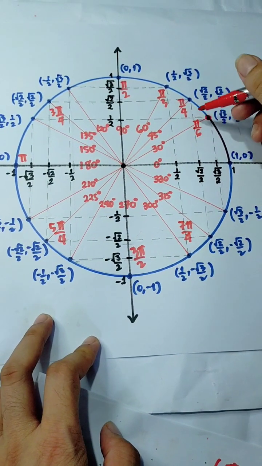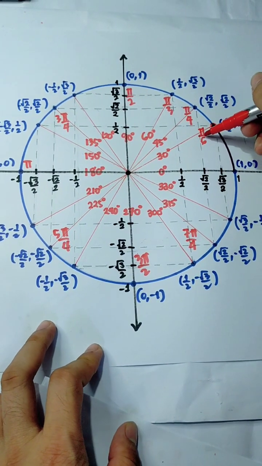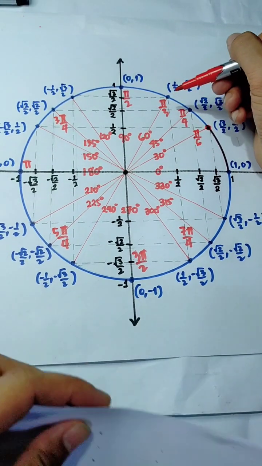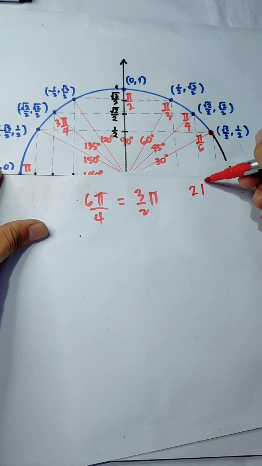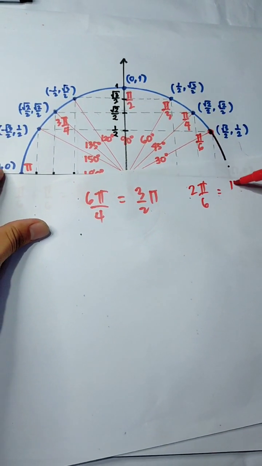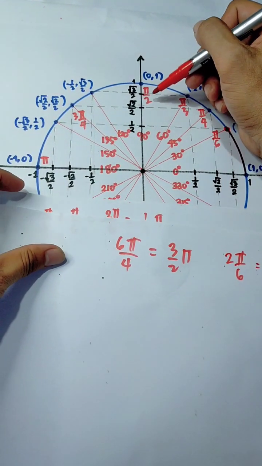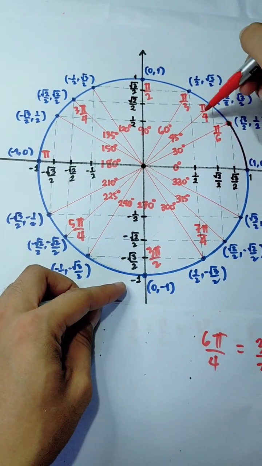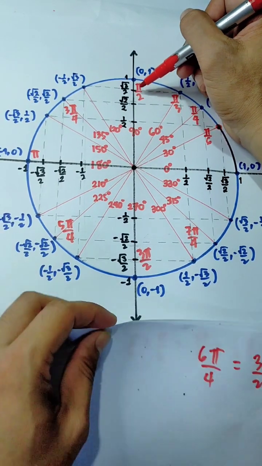Now let's go to every 30 degrees. 30 degrees is pi over 6. If you go to 60, that is 2 of pi over 6, which is 1/3, so pi over 3. And we add another 30 degrees, so this is now 3 of pi over 6, that is 1/2 pi.